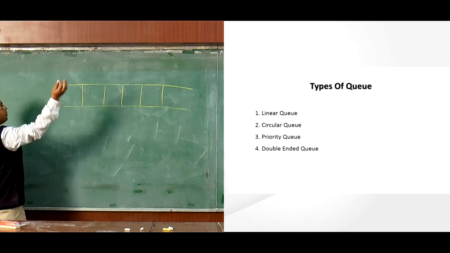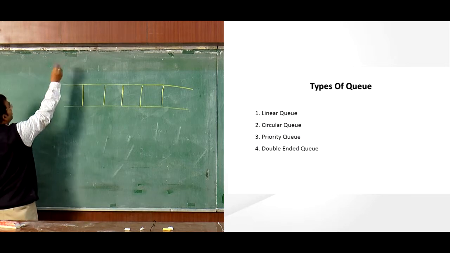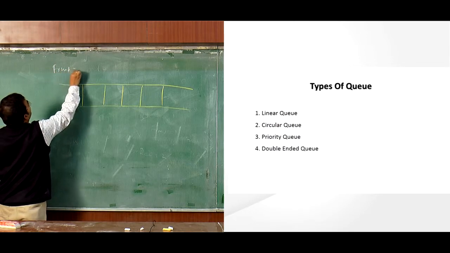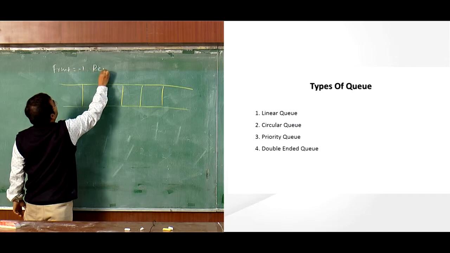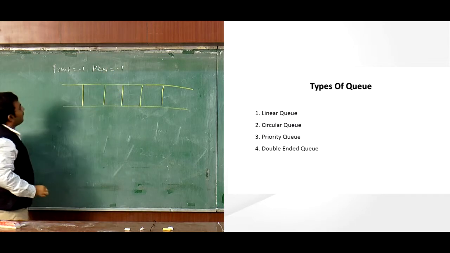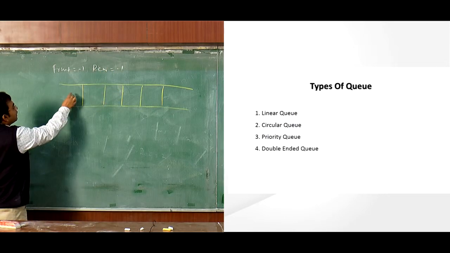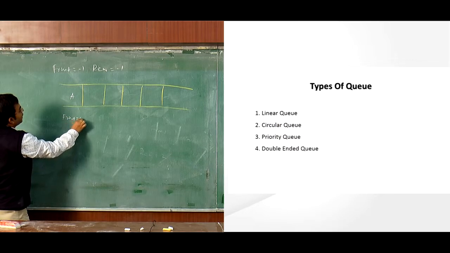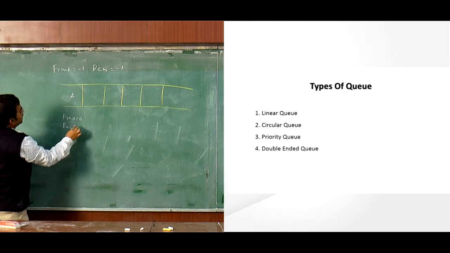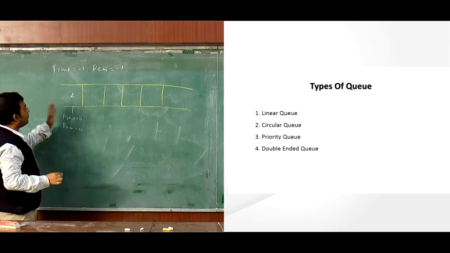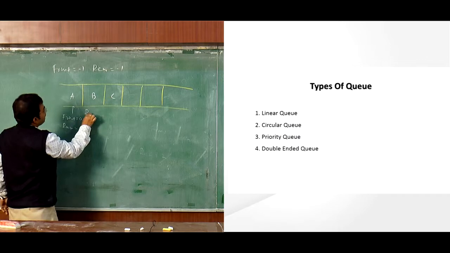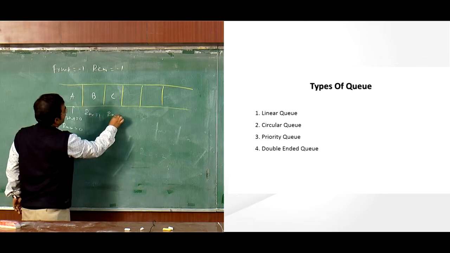Suppose, as we have discussed earlier, that front and rear must be initialized to -1, right. Now, if you want to insert, in the first case, front is 0, rear is 0, as I have already discussed. Then B, then C, like a linear queue.